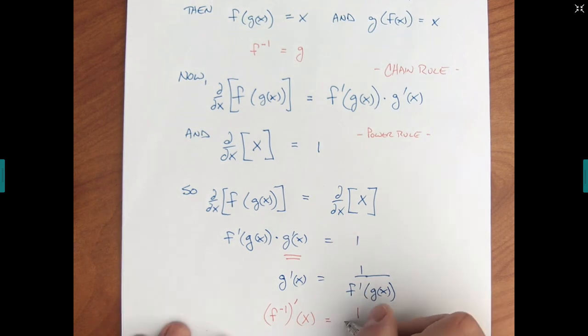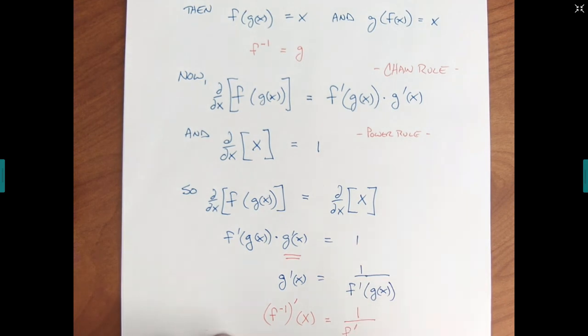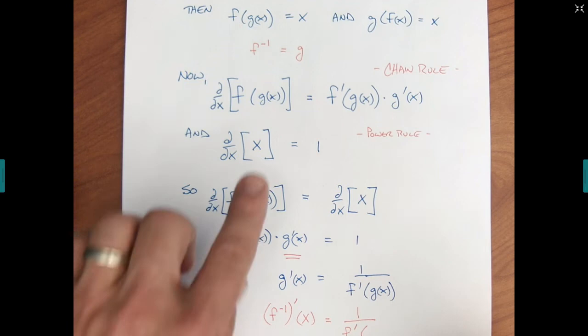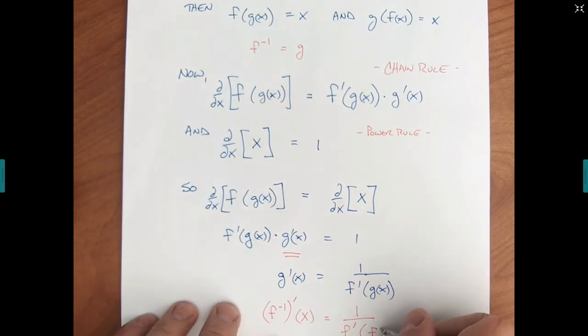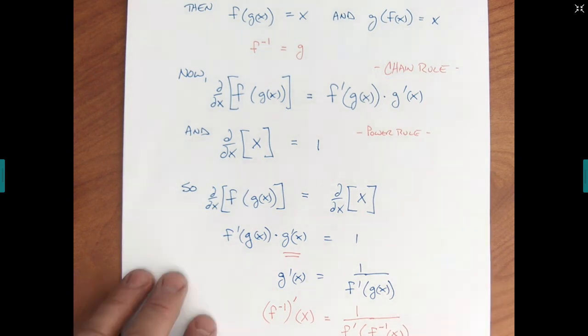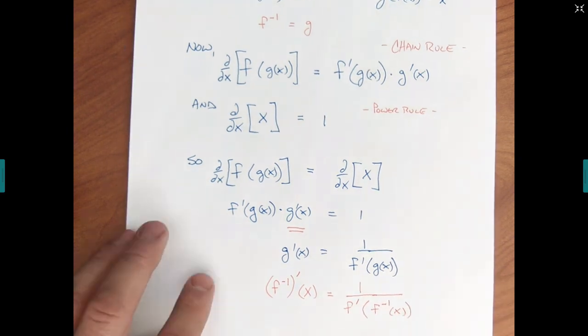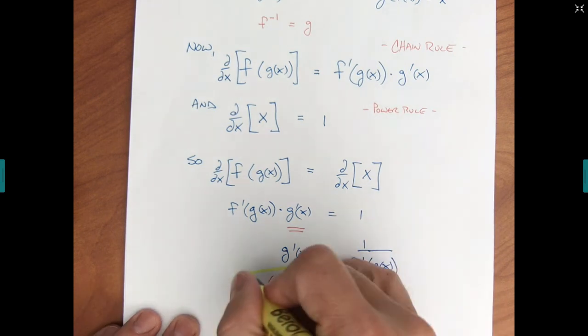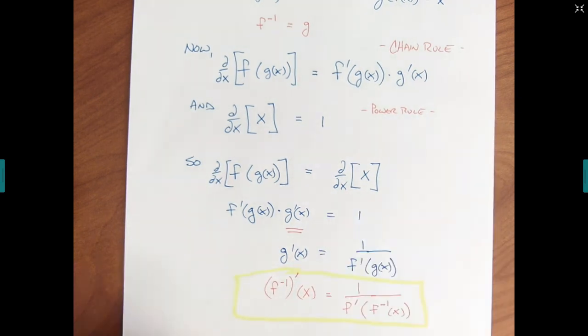Now over on this side, I have my f prime, and here I have g, which is this inverse. Like so. Oh, I'm off the page just a little bit. Put a little highlight around it. And we have a quick, easy formula to use if we wish to find the derivative of an inverse function, and we don't even have to go find it, which is pretty awesome.